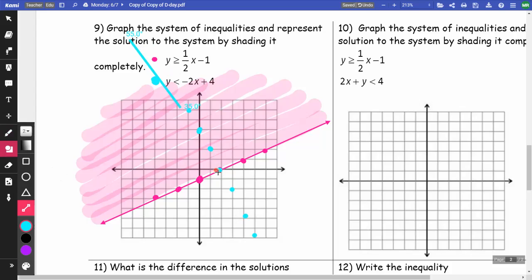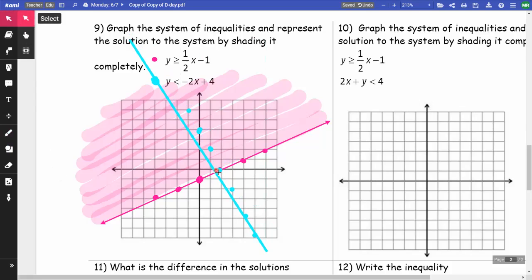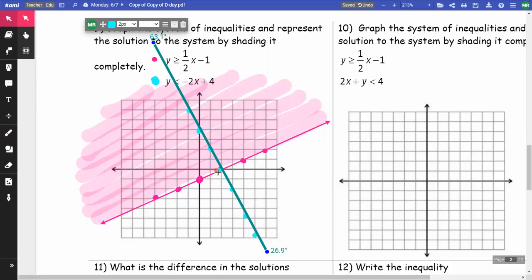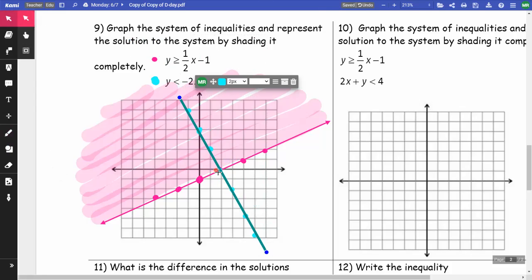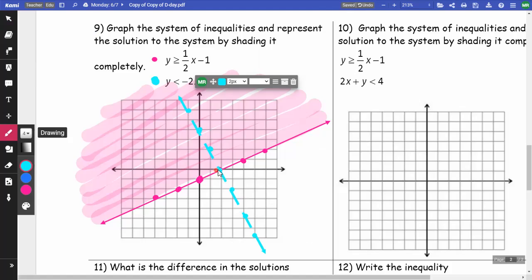So let me just draw my line through. Oops, doesn't need to go through that, sorry. That was not one of my points. Here it is, okay. And this is going to be dashed. And then for this one, we want less than. So I'm going to shade underneath it. Let me make this a little darker.